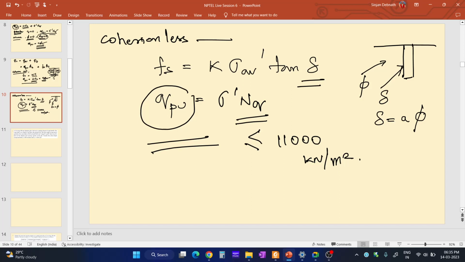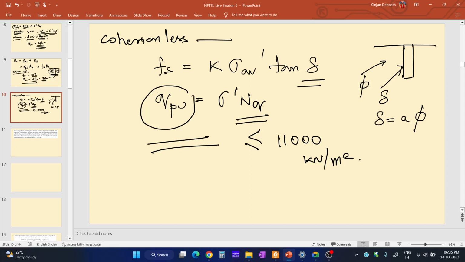So I hope you have all understood. Why is it 11,000, sir? Because it is a limit. Suppose we somehow get 15,000, that means the bearing capacity of the pile will be very high and it will be very conservative. So 11,000 is a limit which the researchers have set in order to make it much safer.